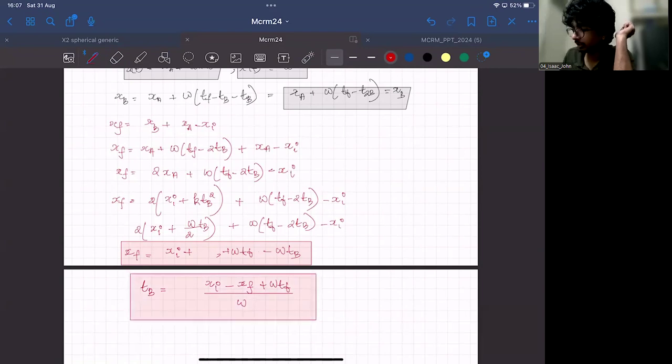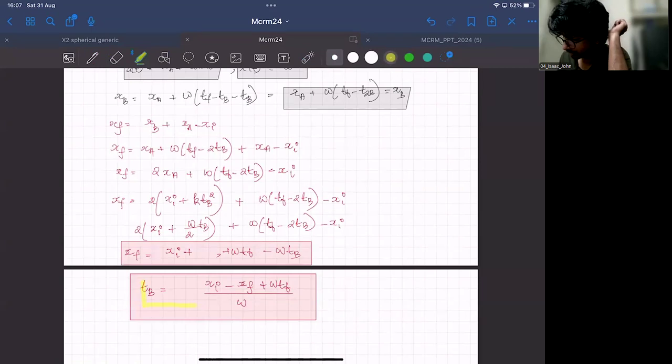So this is actually a very relevant, very important equation, because what we obtain by this tb is nothing but the blend time, right? The problem would be something like this.